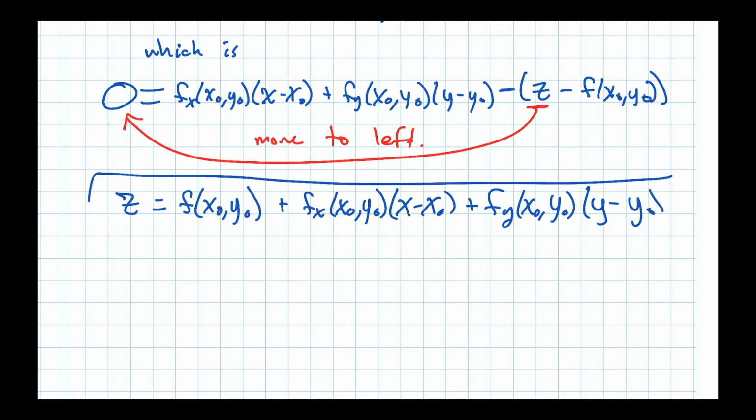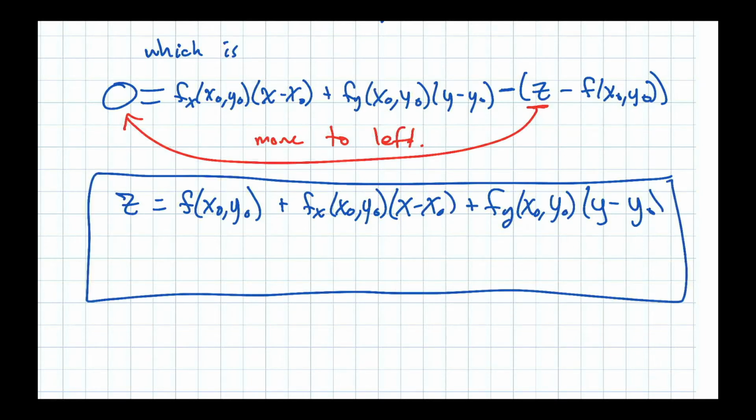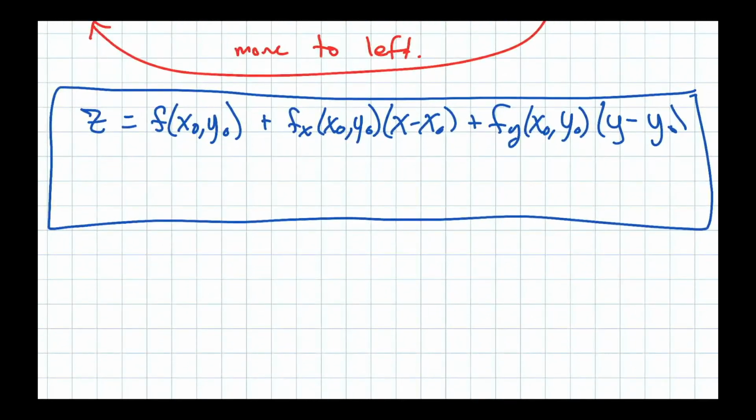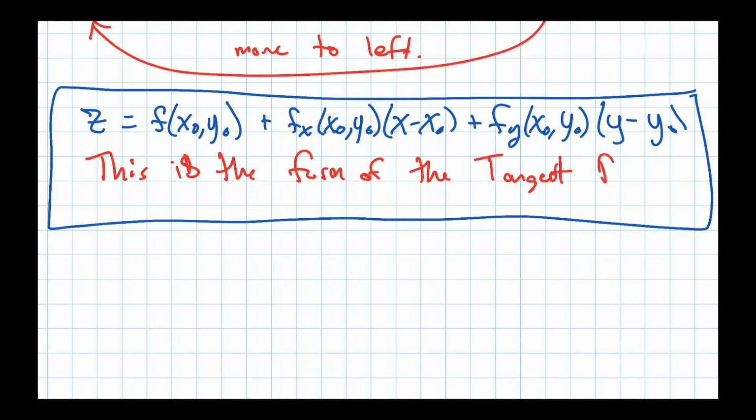And this is your formula for the equation of a tangent plane that's just all worked out for you. And you just need to plug stuff in. So this is the one that you usually want to use because you just plug in all of your numbers basically.